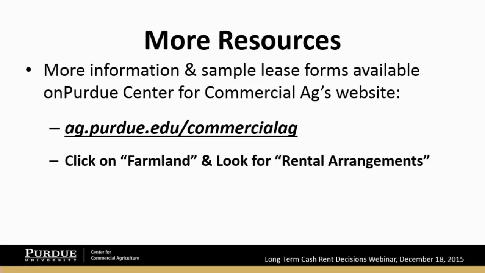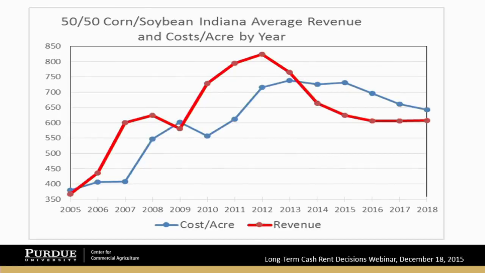There are several different resources that you can look at with respect to discussing different types of rental arrangements, as well as some sample lease forms. As you think about the issues related to cash rent and farmland leasing over the next few months and beyond, those are some good resources for you to tap into that we think will be somewhat helpful.